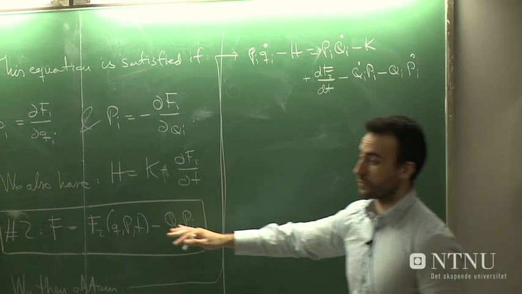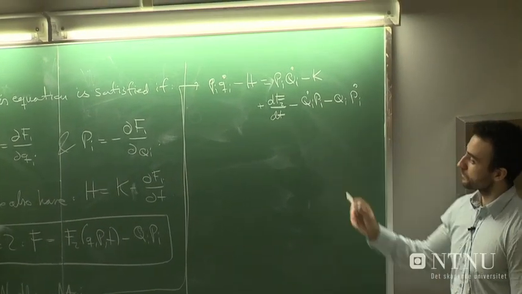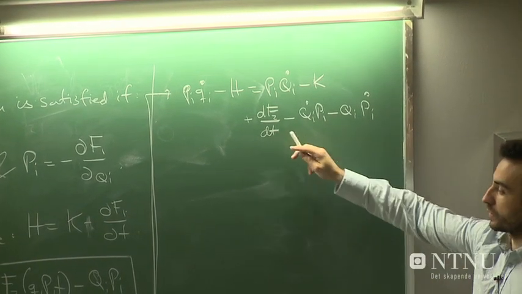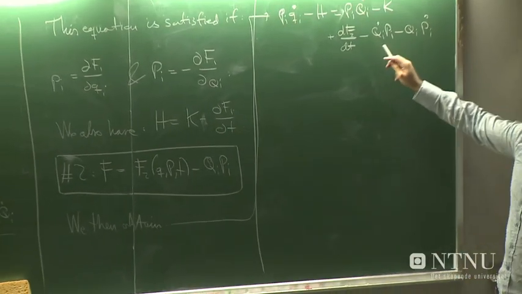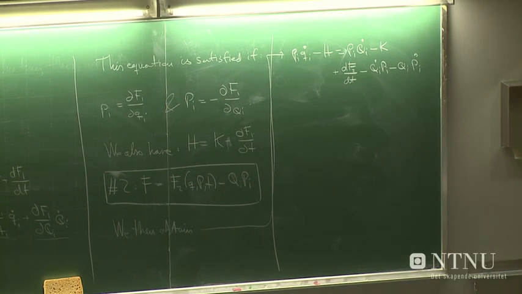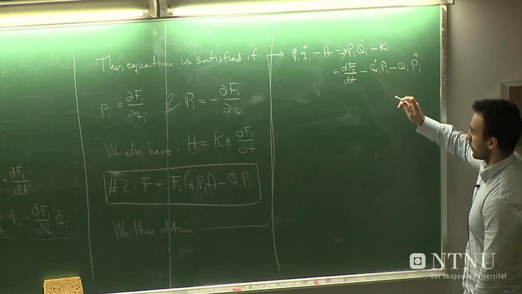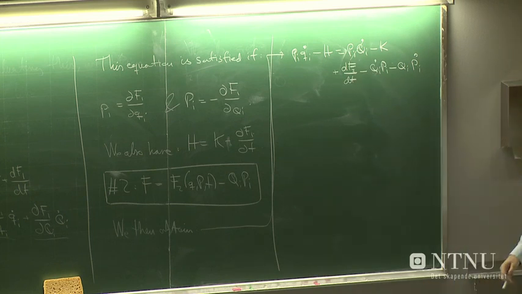Inserting now f into the general relation over there, we get this. So we get the time derivative of f2, but also the time derivative of this term, which is equal to these two terms. Well, that's convenient because we can then eliminate these two terms immediately, since they cancel.